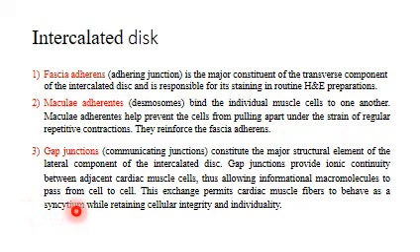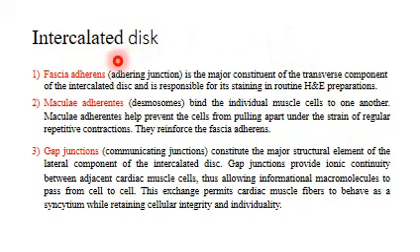Syncytium is the contraction of the cardiac muscles as a single unit, and this is achieved only by this component of the intercalated disc, which is the gap junction or the communicating junction. The gap junction allows rapid exchange of ions, and it provides the ionic continuity between the cardiac muscle fibers in order to achieve this function.